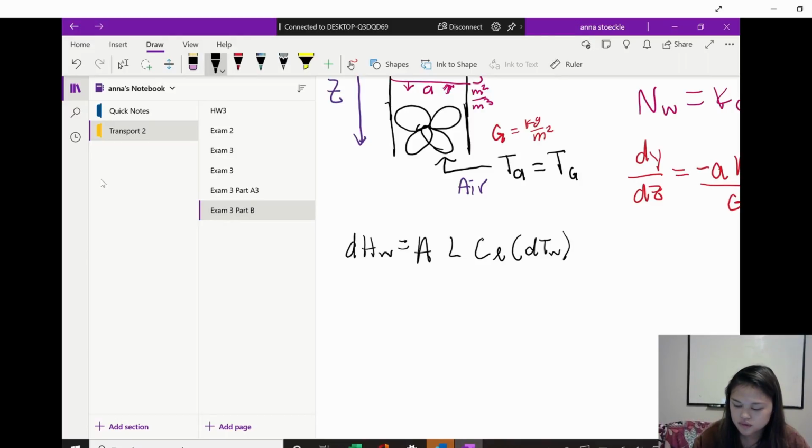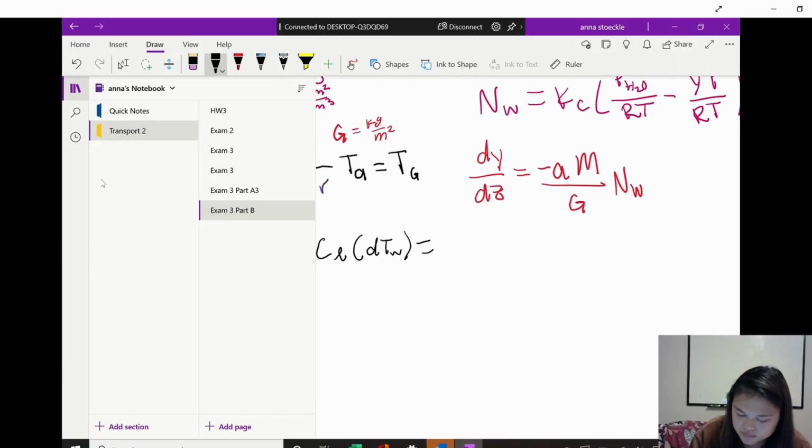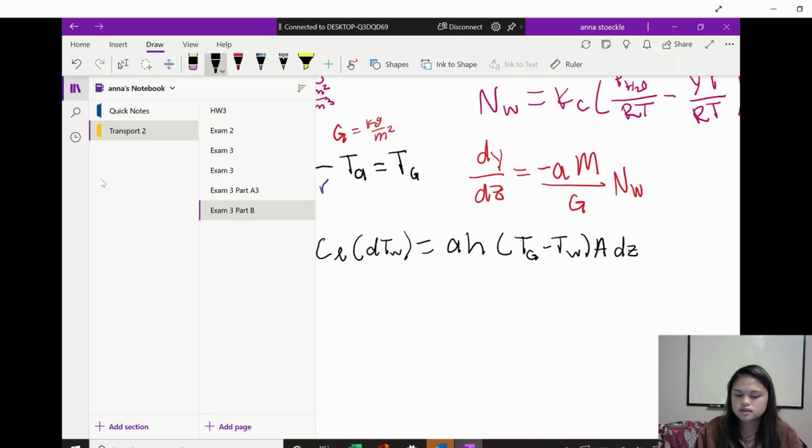And so you could equate that to a specific area multiplied by that heat transfer coefficient, by that temperature of the gas minus the temperature of the water times the area times that differential of the distance, the length. So what we're looking at here, we already looked at this. This is the volume multiplied by that specific area that will give us our surface area involved.